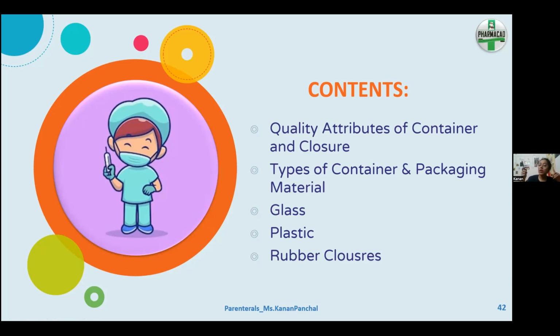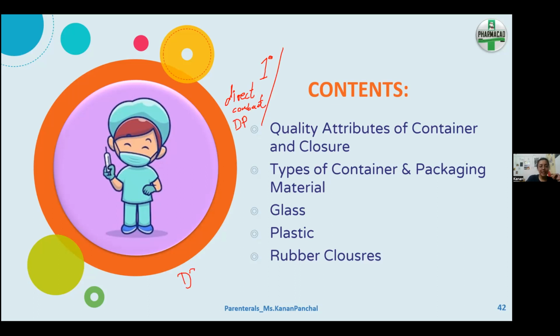So you all understand what a primary packaging is, right? Yes, ma'am. What is a primary packaging? Which is in direct contact with the drug itself. Okay. Yeah, fine. So primary packaging is the one which is in direct contact with your formulation, with your drug product, I will say.